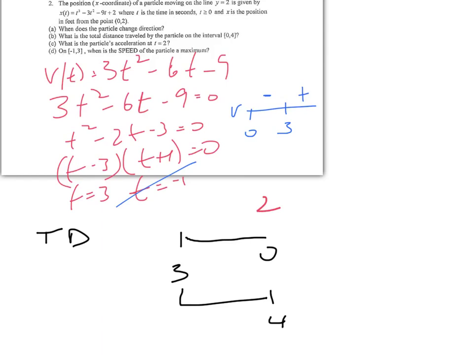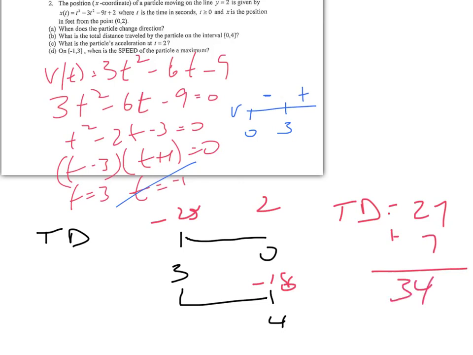And at 3 seconds, the particle has a value of negative 25. And then at 4 seconds has a value of negative 18. So therefore, our total distance is from 2 to negative 25, which is 27, plus negative 25 to negative 18, which is 7. So it gives us a total distance of 34 units, 34 feet.